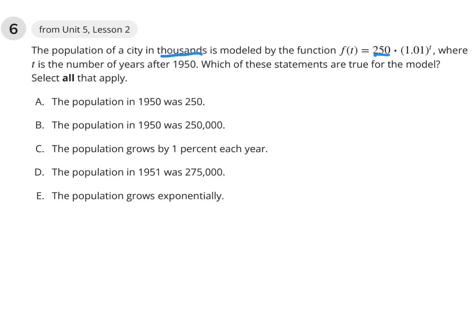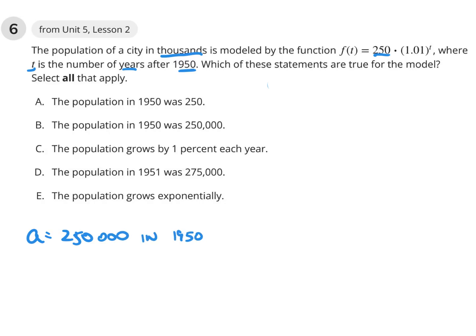Where T is the number of years. So we had 250,000 in 1950. The population and, all right, so which of the statements are true for the model? All right, 250,000, 1.01. All right, so let's go through the equation. So A equals 200, let's put this down here, I'm sorry, because there's no room up here. It's going to get janky. A equals 250,000 in 1950.